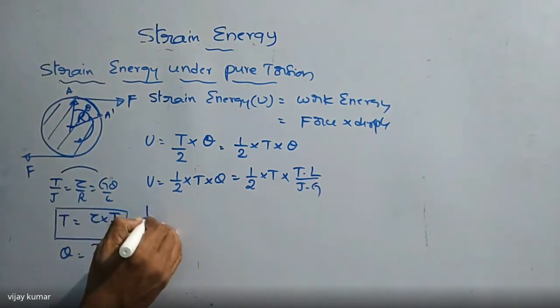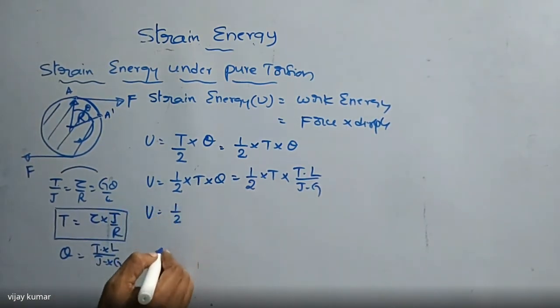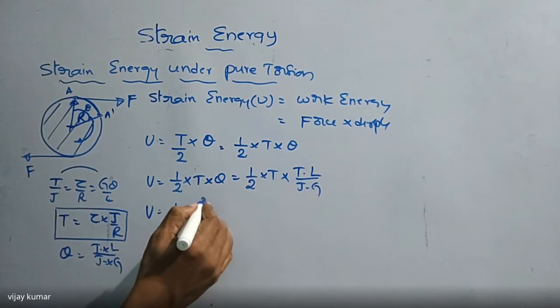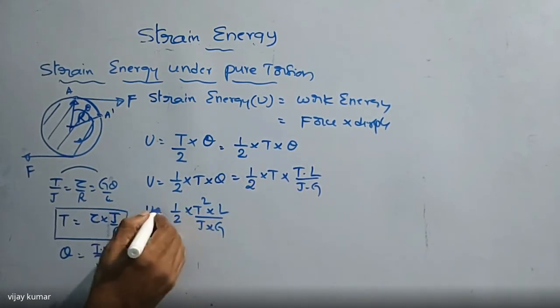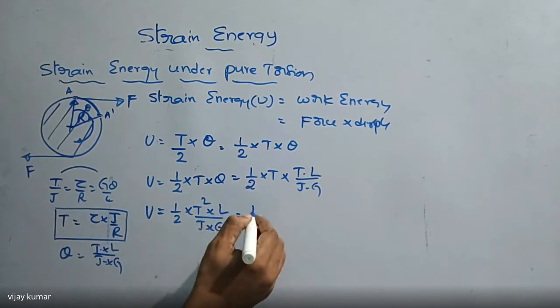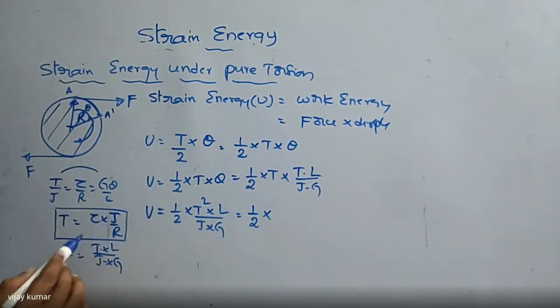Then I am writing U is equal to half into T square into L divided by J into G. Now what is the T square value?